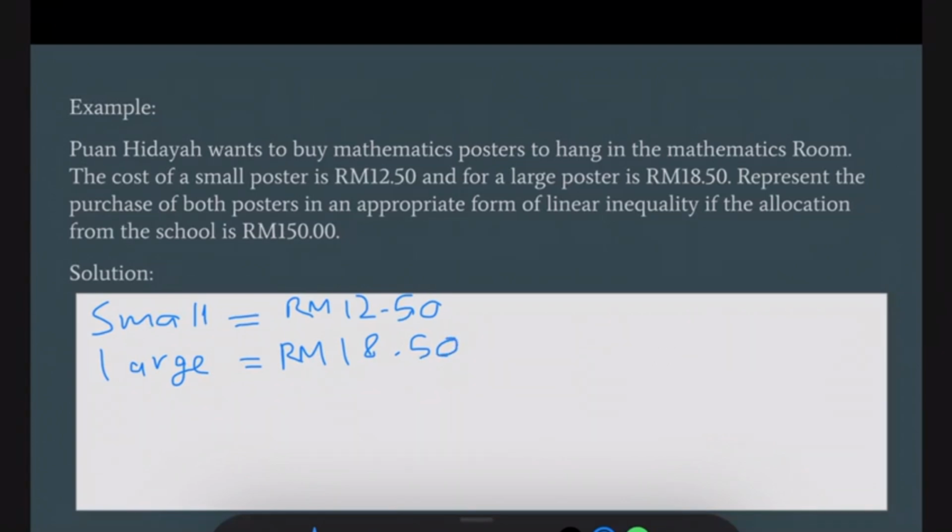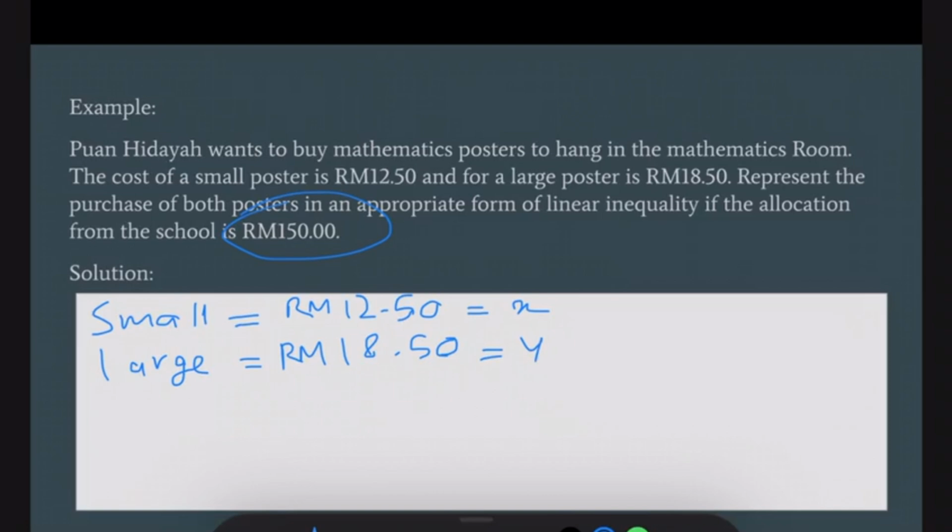Represent the purchase of both posters in an appropriate form of linear inequality if the allocation from the school is 150 ringgit. This is the maximum value that we cannot exceed. So let's take small as x and large poster as y.